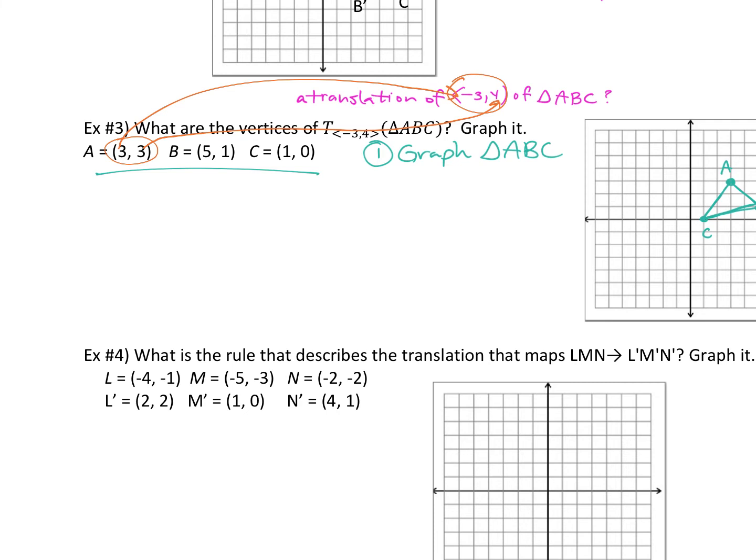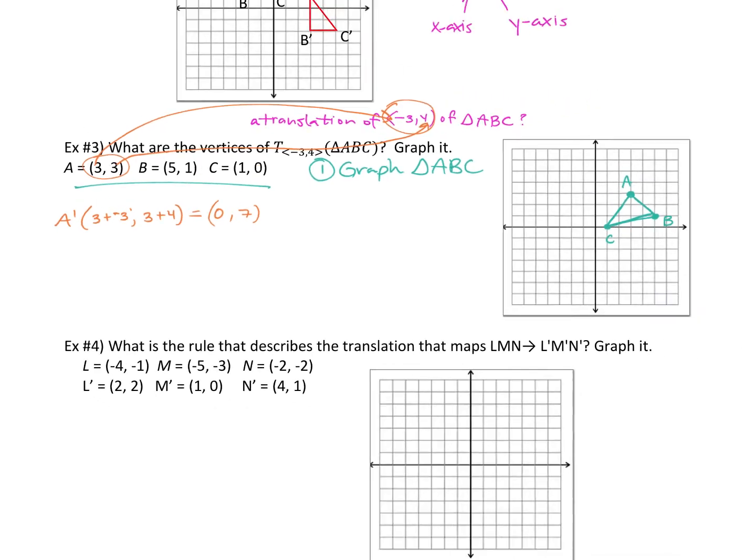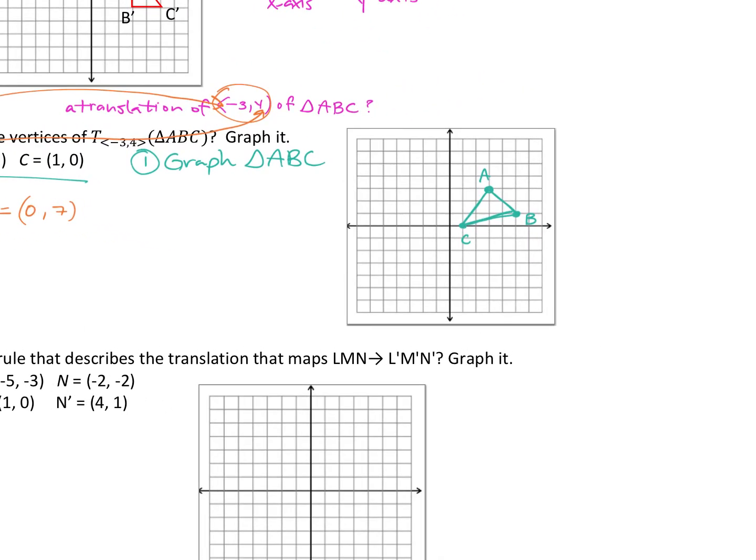If that makes more sense to you, go for it. So A prime would be 3 plus the negative 3, comma, 3 plus 4. So A prime is going to be 0, 7. Again, not the way my brain wants to do it.